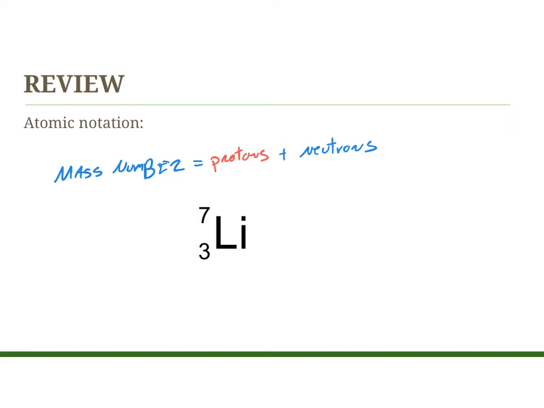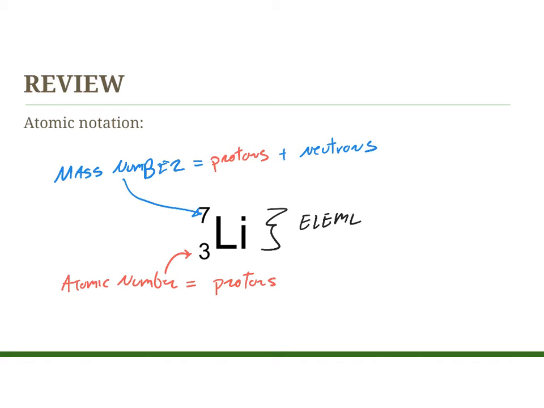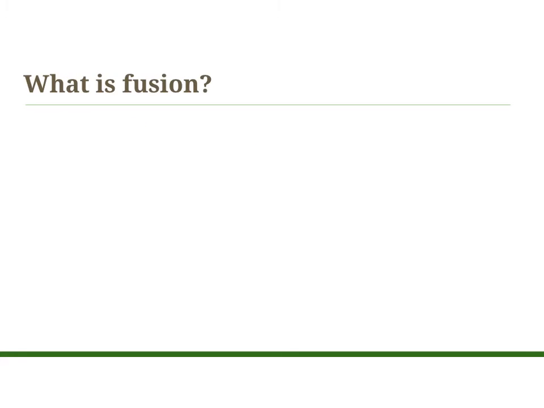So in this case, the mass number is 7, and the atomic number is equal to the number of protons in the nucleus of the atom. And so in this case, the 3 is the atomic number, and the Li is the element symbol. Which is important, and we're going to use this notation in a little bit more detail at the end of today's class.